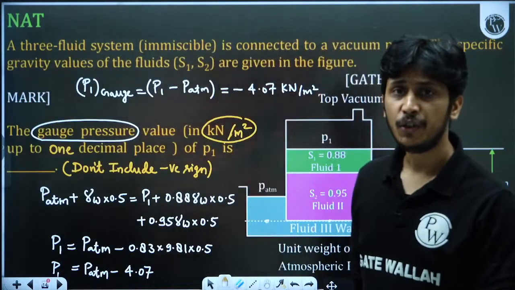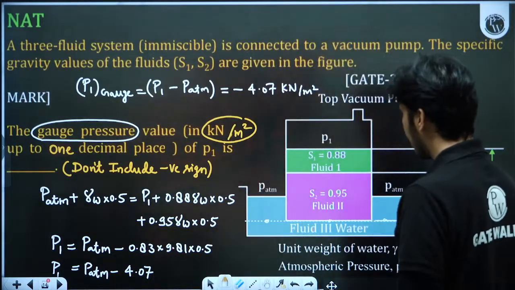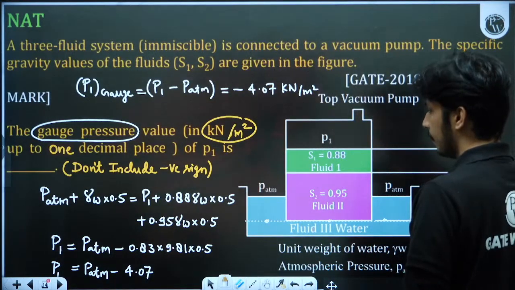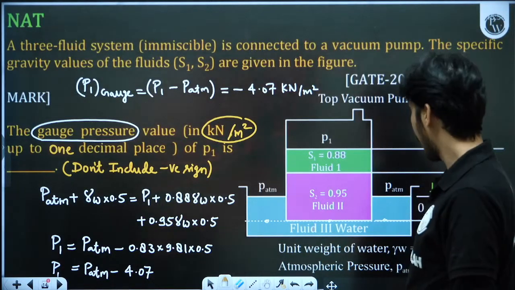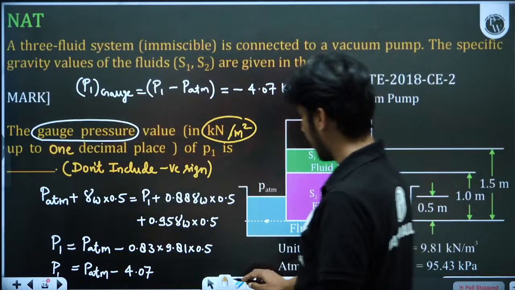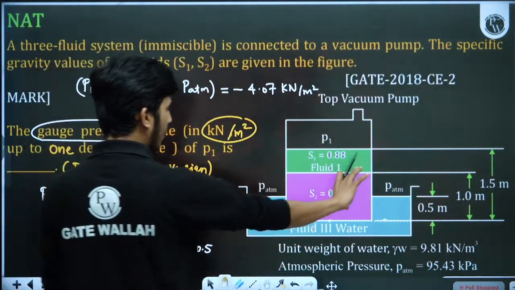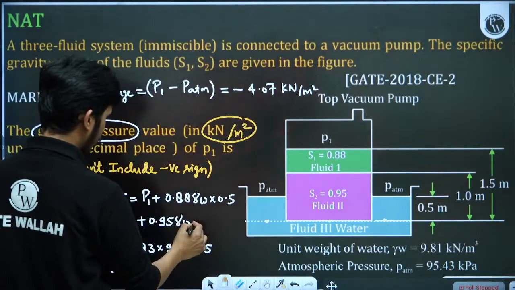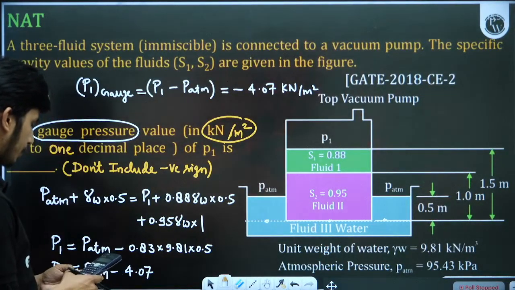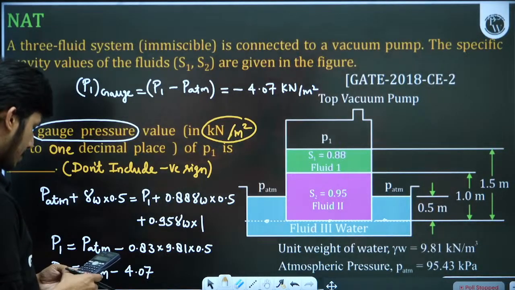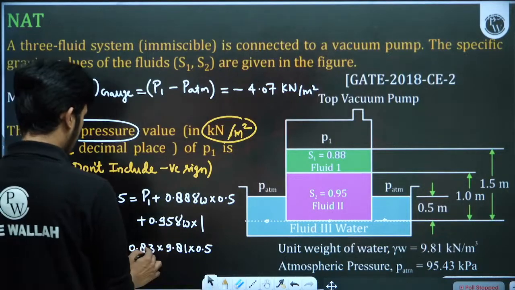So the correct answer will be 0.95 into 1. Why 0.95 into 1? Okay, correct: 0.95 into gamma W into this height, which is 1 meter. Now it is correct. Let us check again.